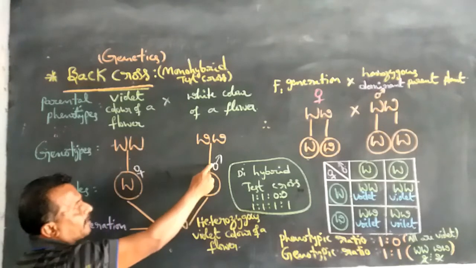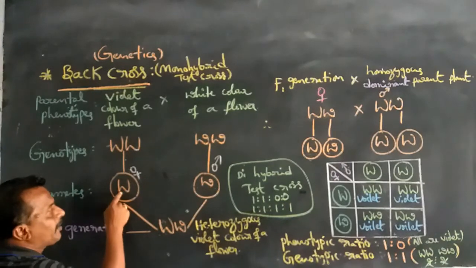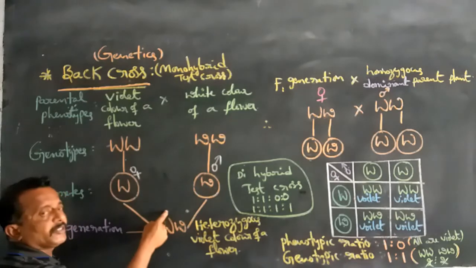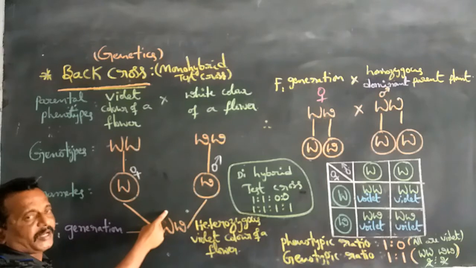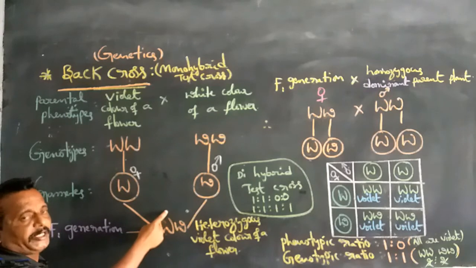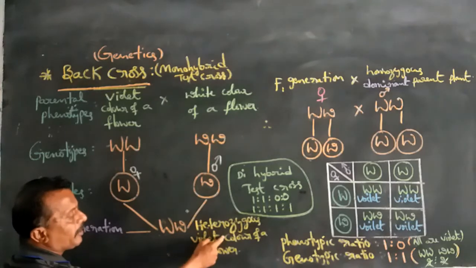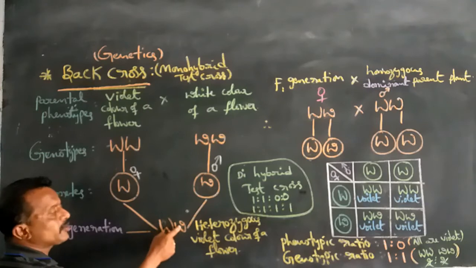Small w acts as the male gamete. The female gamete fuses with one male gamete and results in the zygote or first filial generation or first progeny. That is phenotypically all heterozygous violet color of a flower, but genotypically capital W small w.